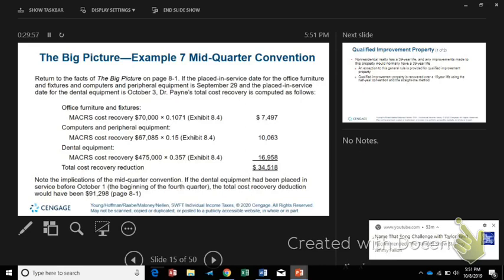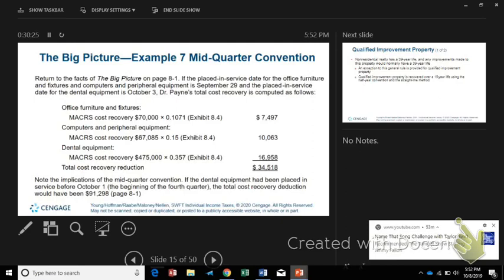All right, so the office, I shouldn't have added them up. The office equipment, if you look up there, is going to be 7 year. The computer is going to be 5 year. And the dental equipment is going to be also 7 year. So the dental equipment and the office equipment could have been added together. So we can add those two together.